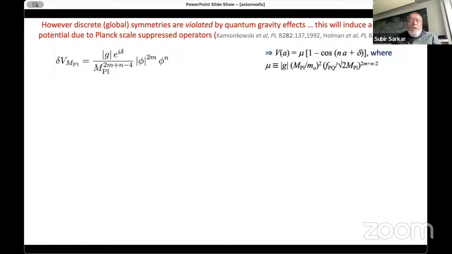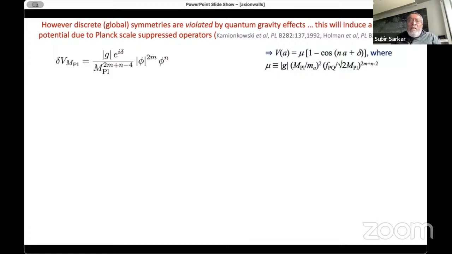Without actually having a theory of quantum gravity, you can't, of course, calculate these. But generically, in an effective field theory approach, you can always write down a non-renormalizable operator, as here, which would violate any global symmetry that you can think of. In this case, you're talking about Peccei-Quinn symmetry.